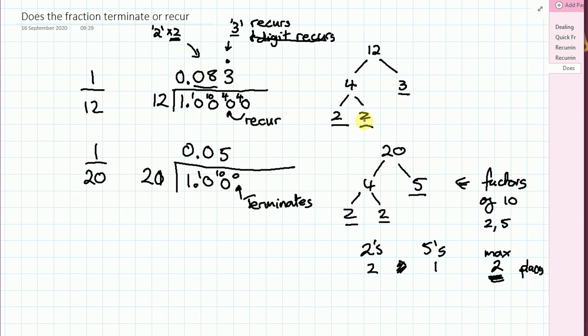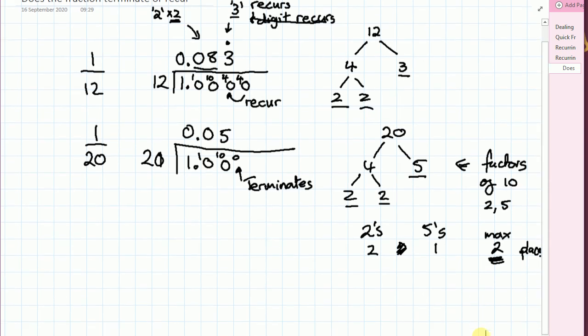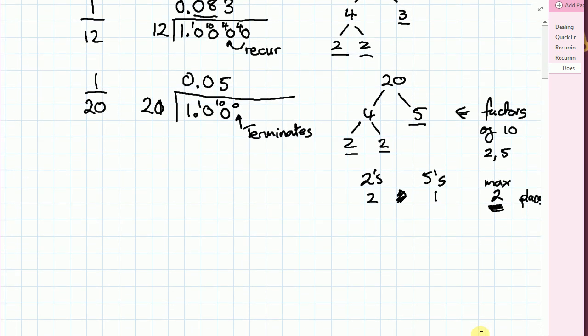If I had a 2 and a 5, 2, 5, and 30th should be a fairly nice one to show. Actually, 150th might be nice.